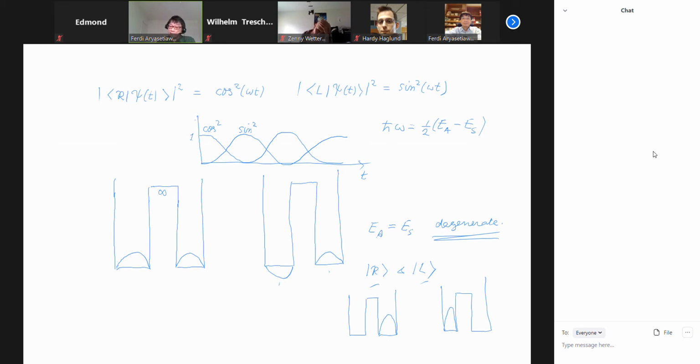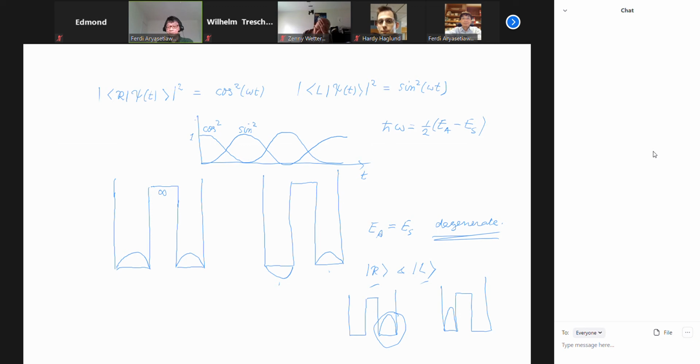The interesting thing is that since the barrier is very large, you can think of it as being infinite. Then if we have a particle, let's say localized on the right, say here, then it will remain there. It will not tunnel to the left.